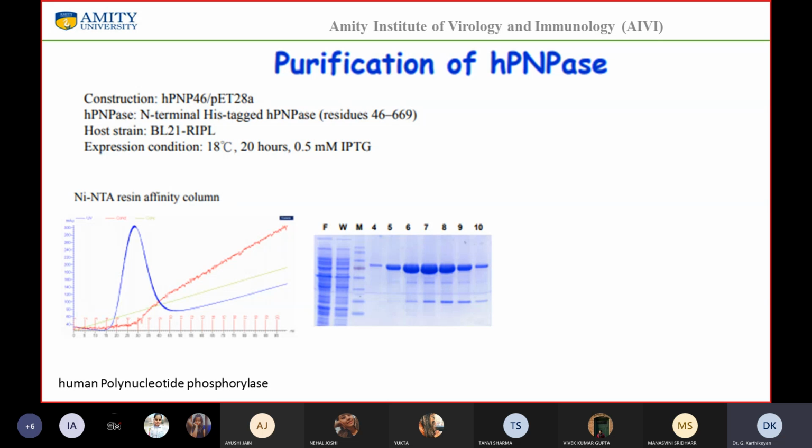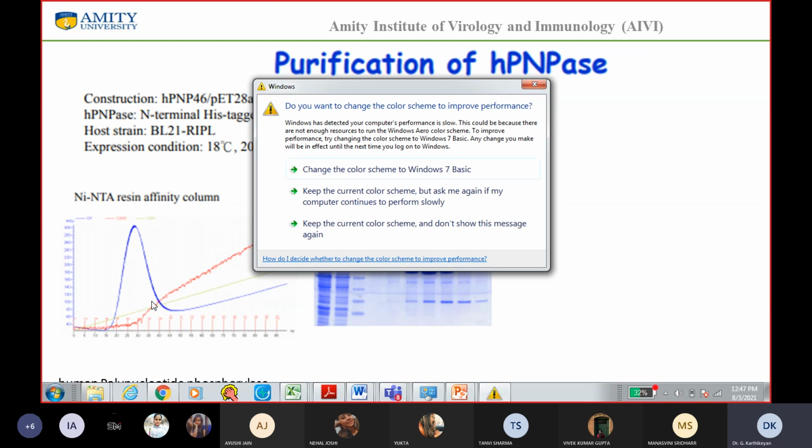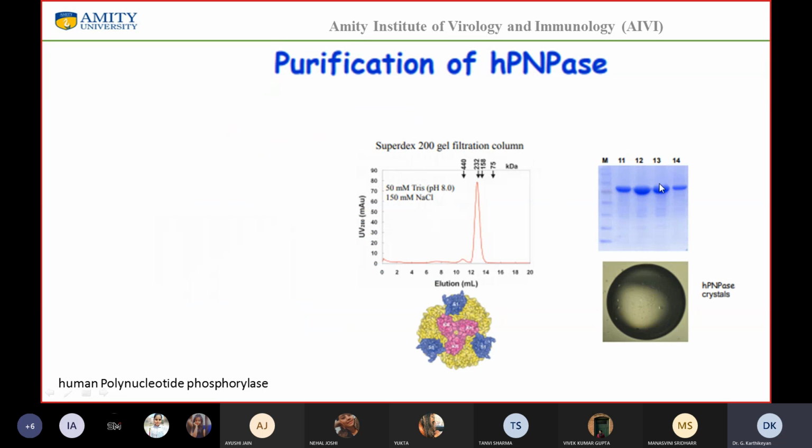Okay, so essentially, when you lyse the cell, every protein will wash off, will go away. Only the histidine tagged protein will bind to this nickel column, and then you wash with a few more reagents, and then you can essentially purify this protein. So this is typically what has happened. They have washed with 50 millimolar Tris and 150 millimolar NaCl.